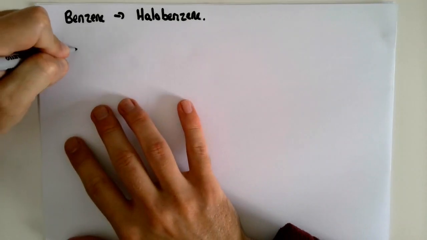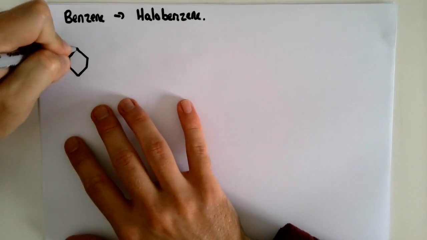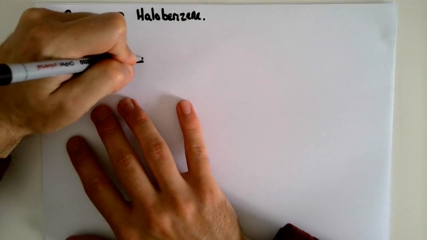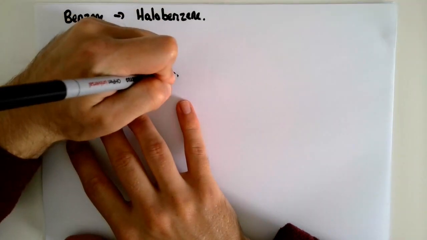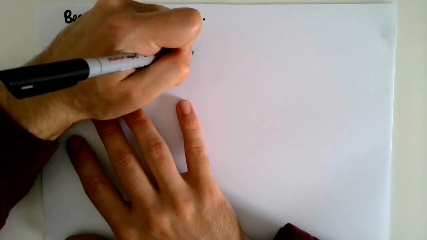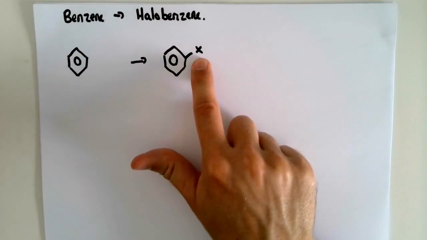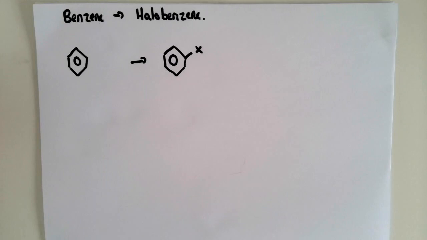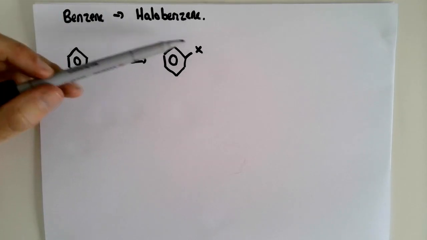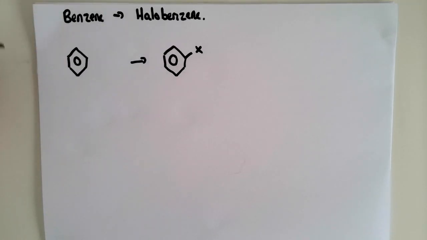So overall, what are we doing? Starting with benzene, and we're making a substitution reaction take place where a halogen gets substituted on. So X could be chlorine, it could be bromine, it could be iodine, it could be any halogen.